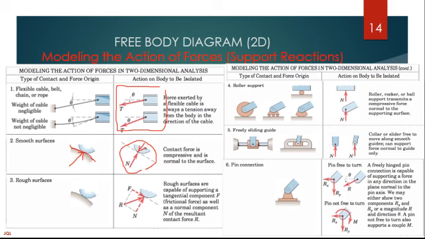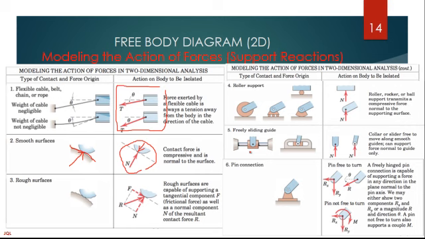For a freely sliding guide, even the word itself says freely sliding. So this body cannot only translate vertically, but it can move left and right. It can move this direction and this direction. So it is not being prevented. Therefore, when you draw a free body diagram, the only reaction that you need to put there is the force vertically.